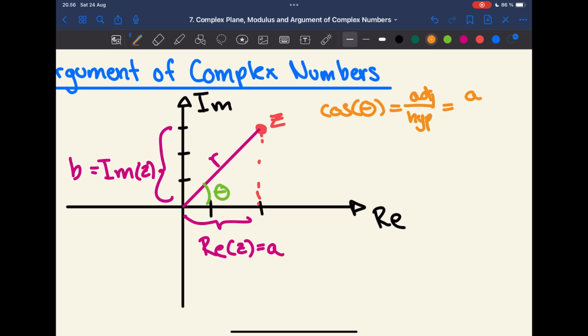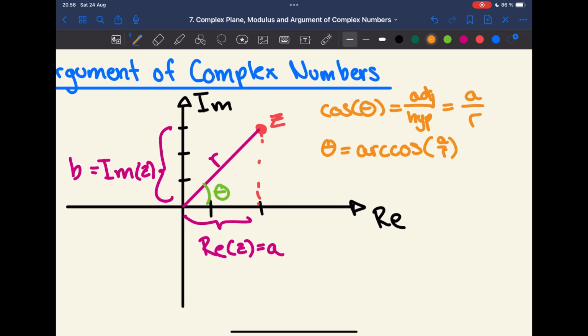So we can say that's a divided by, well, what is the hypotenuse? Well, that is just the radius. And we just found a way to find r, so that's no problem. Let's just use r. Perfect. So if we had to isolate for theta, we would just take the inverse of cosine, so we would get arccosine of a over r.